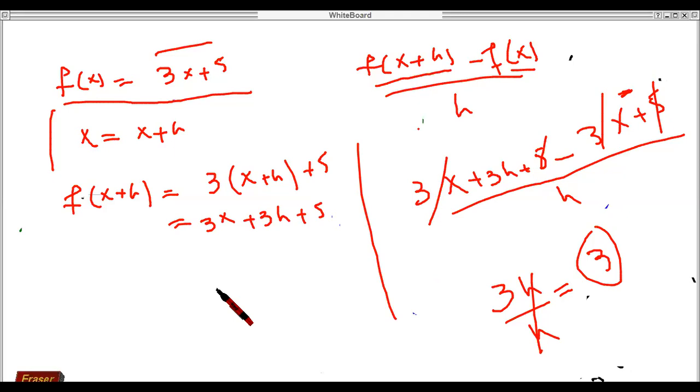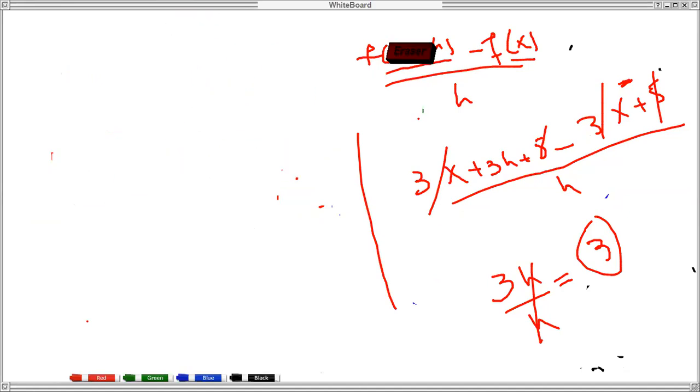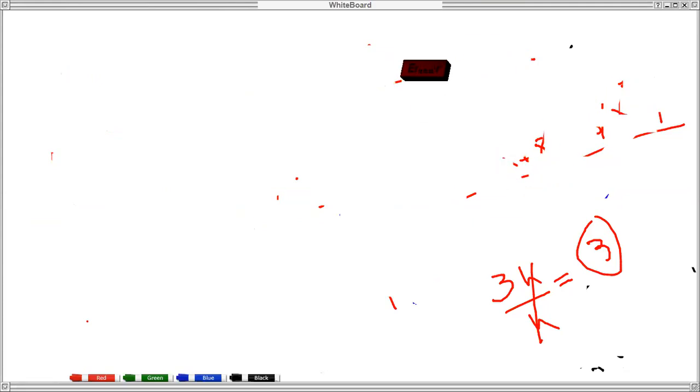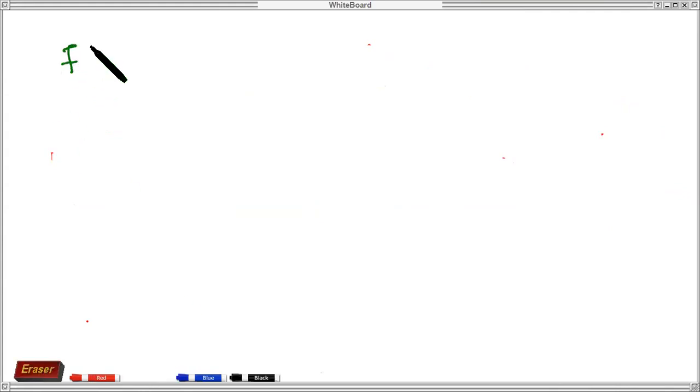So, the question is domain. We need some value for a function.